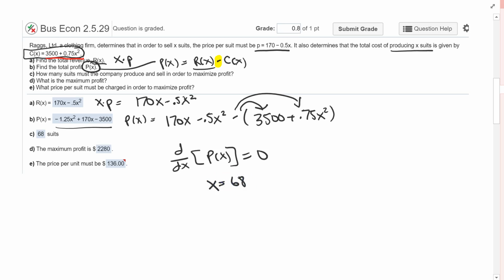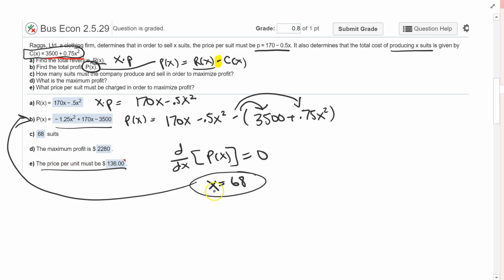The maximum profit is going to be plugging x to be 68 back into the profit function. You don't want to plug it back into the derivative of the profit because that will be 0. And then the price per unit is set by plugging this x value into this price function, P.